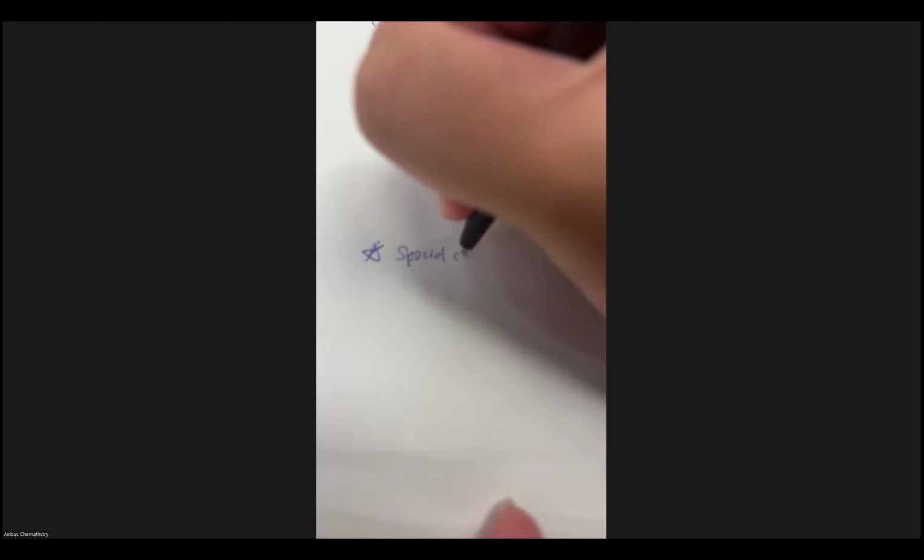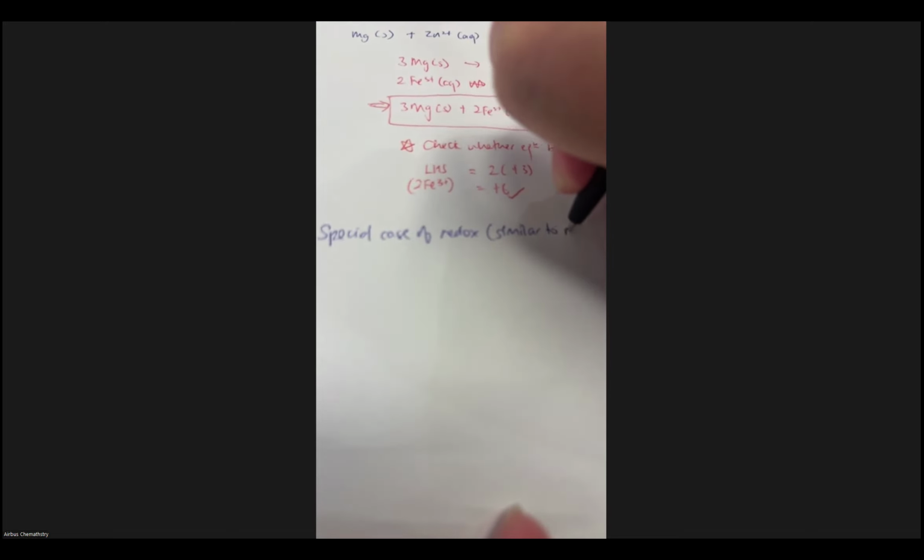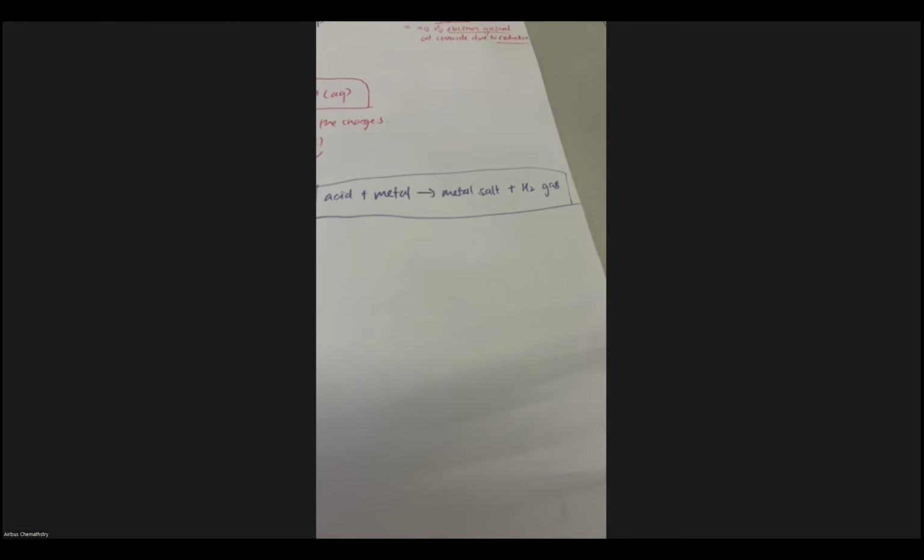Okay, so a special case of redox, similar to metal displacement, is your acid plus metal reaction to give you metal salt plus hydrogen gas. This one I'm pretty sure you know. It's very traditional in your acid-base chapter.